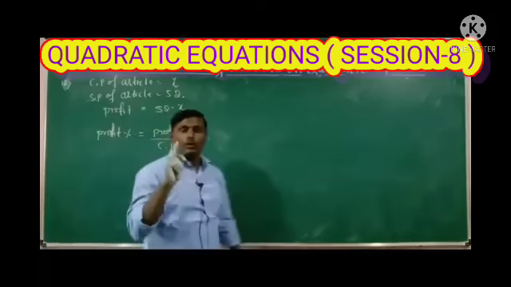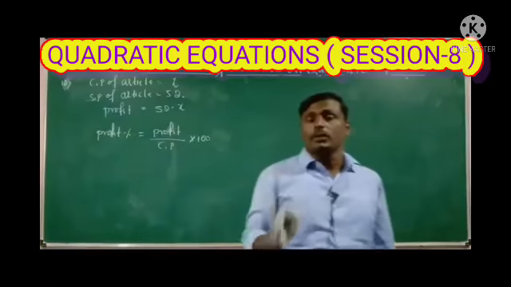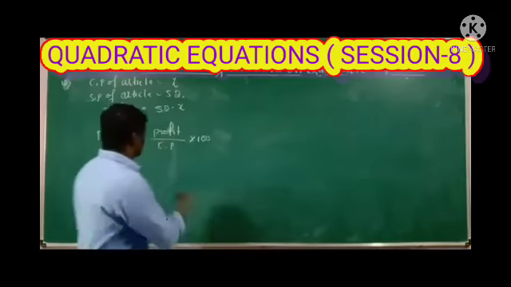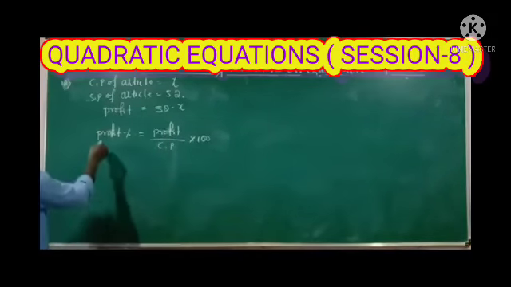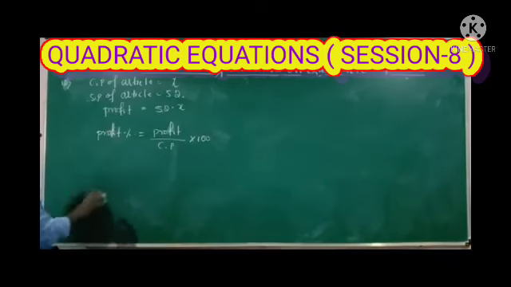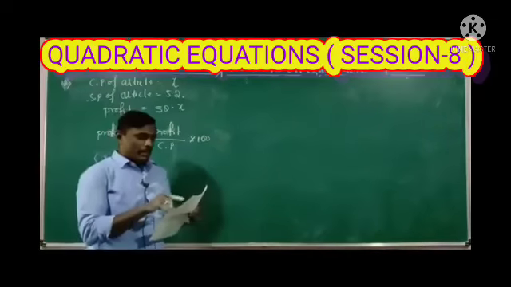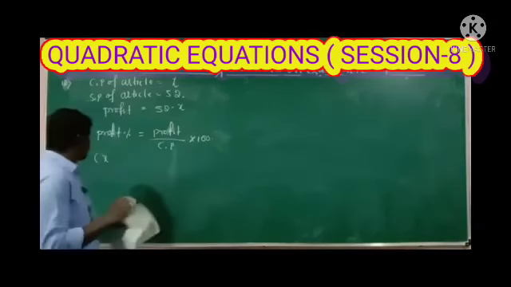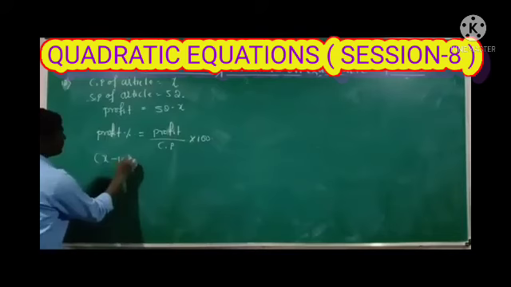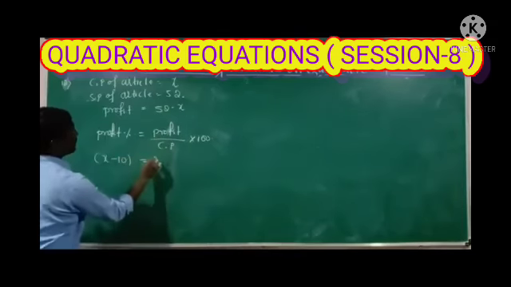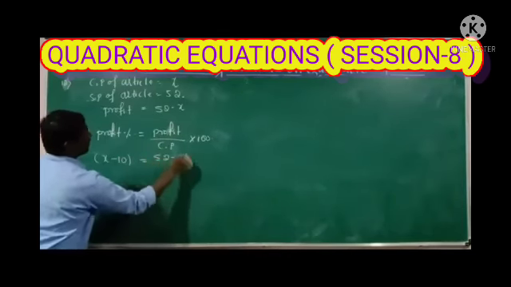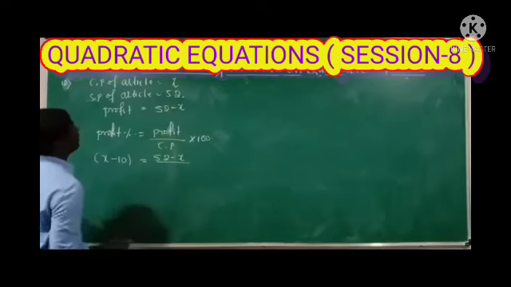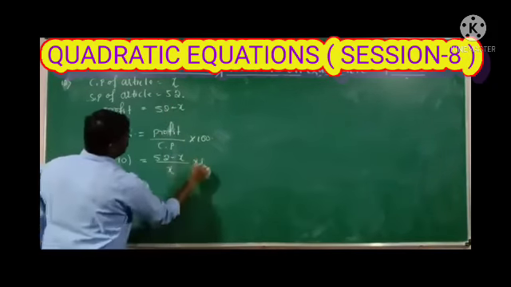I already told you the profit percentage and loss percentage are calculated on the basis of cost price only. Profit percentage is given, that is X minus 10, and the profit is 52 minus X, and the cost price is X, into 100.